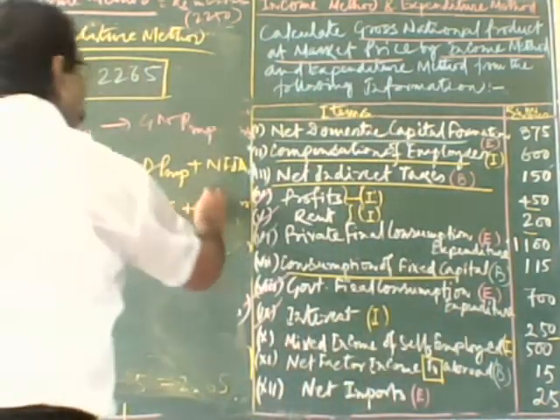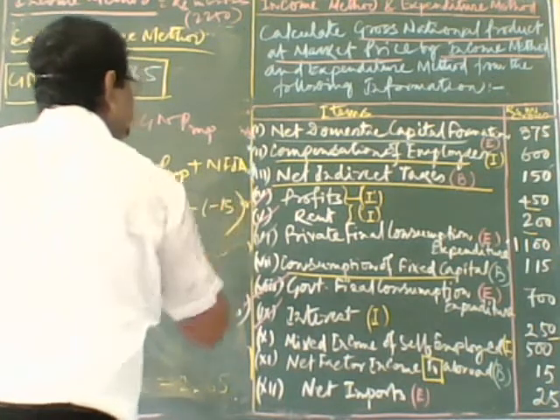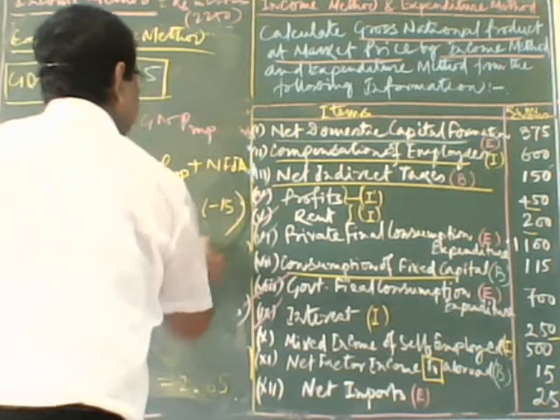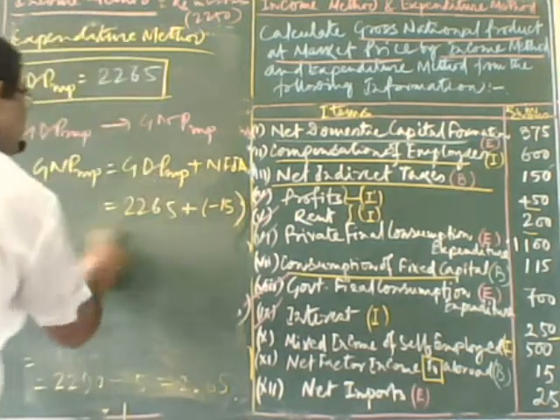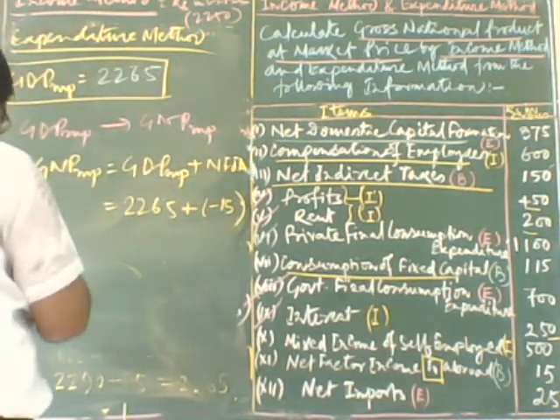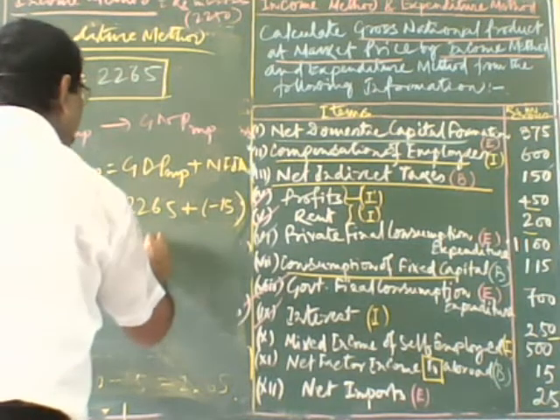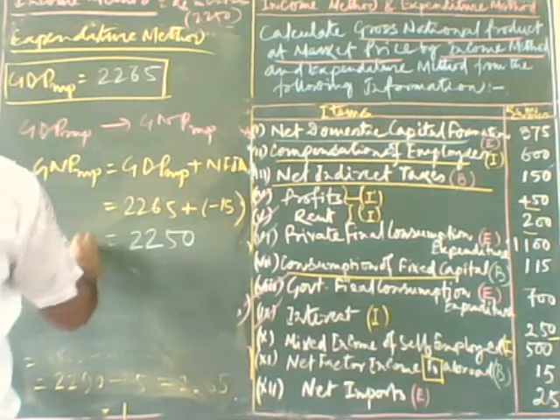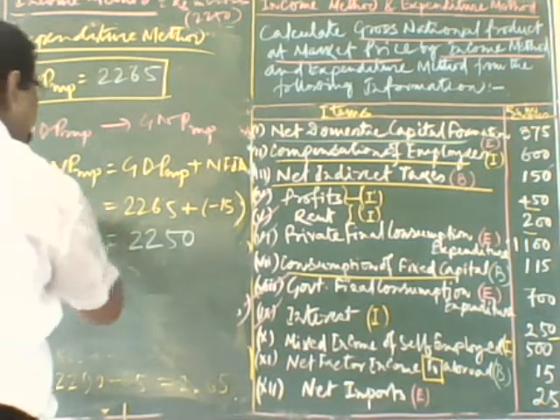So NFI is equal to minus 15. This is equal to 2250. So GNP market price is equal to 2250.